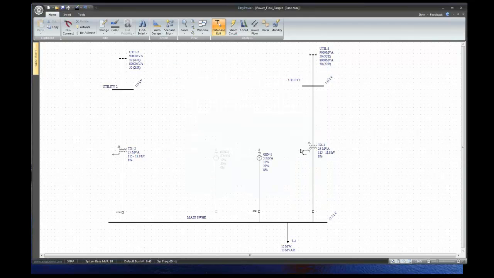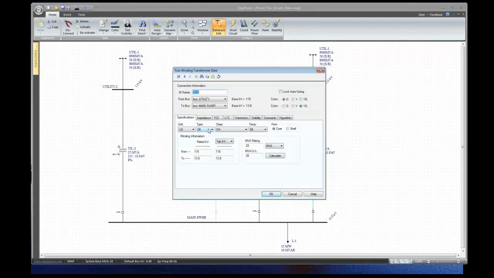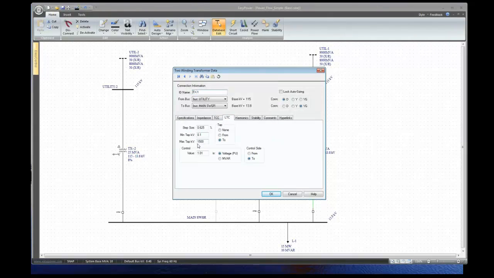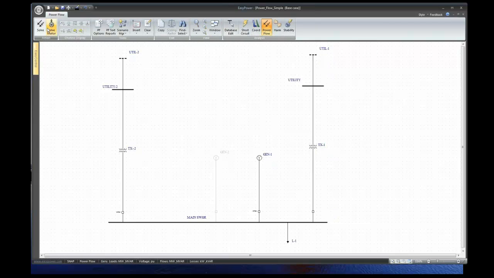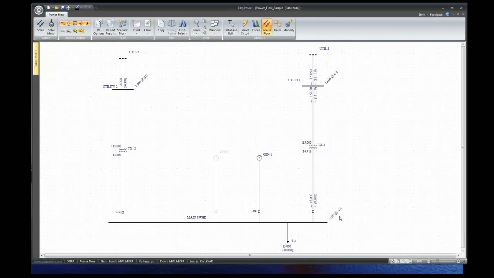Okay. And I probably, okay, so that should be good. So now when I go back to Power Flow, I'm going to rerun this, and now I have 1.07. This is telling me that's because it's increased the tap.